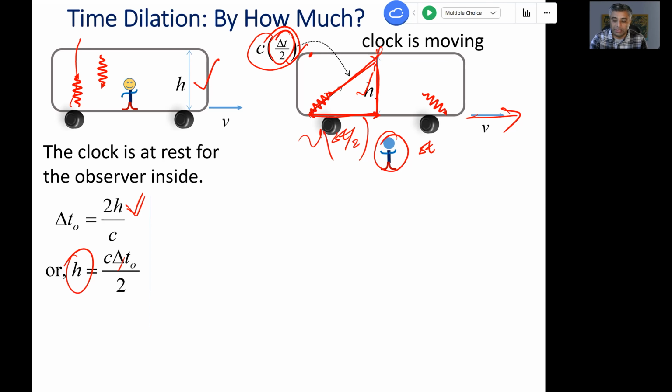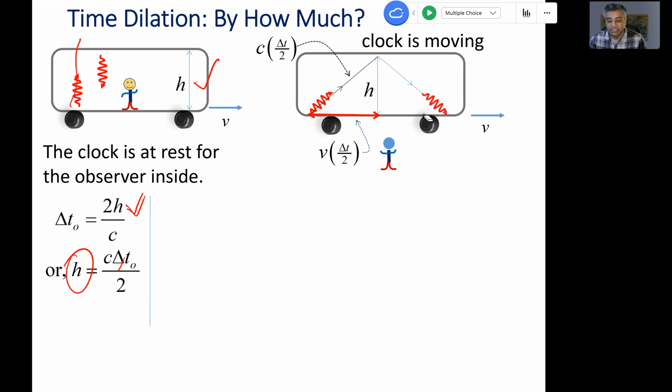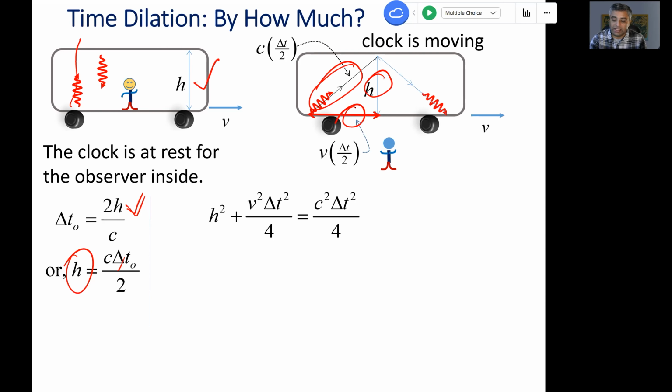So now with this length and that length, it makes a right triangle. And that's where we use the Pythagorean theorem. So I think I have labeled that one as well. Now let's use the Pythagorean theorem on that. This being the hypotenuse, we get this square plus that square.